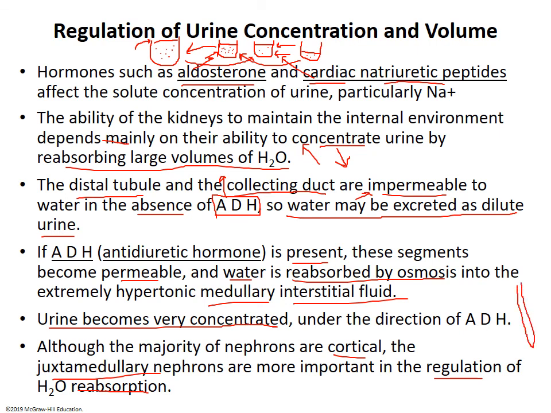And so the medulla is very hypertonic, which means there's a lot of solute and not a lot of water in there. It's going to have a big magnetic draw to pull that water out. And so it's going to help make a very concentrated urine. I'll try to do another video to explain this a little better, hopefully. But I hope you got it.